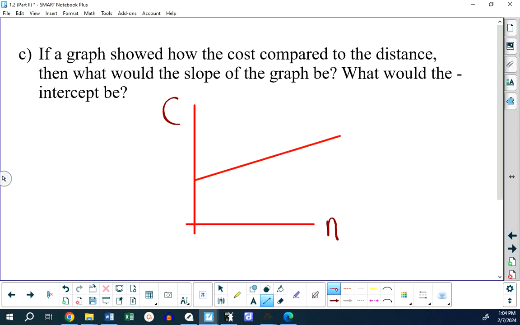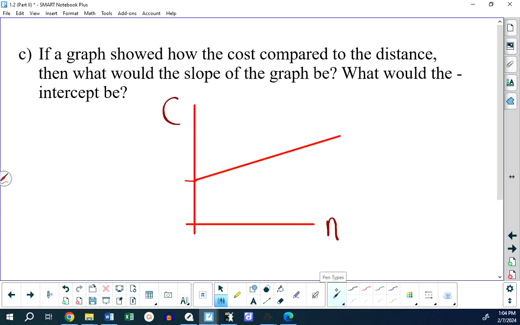What would the slope be and what would the y-intercept be? I'm going to ask you because I might need to fix your handout. Does it say y-intercept on yours? Okay, good.